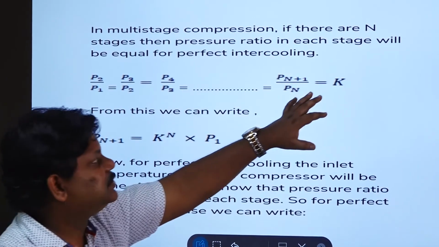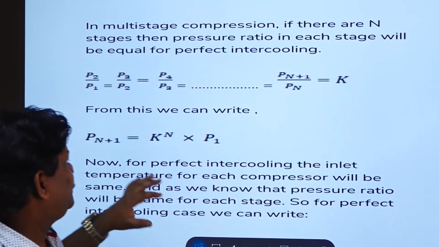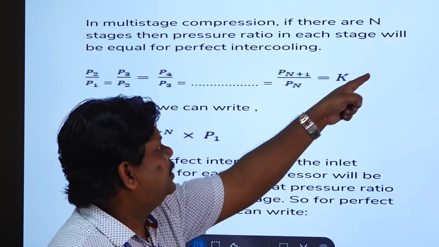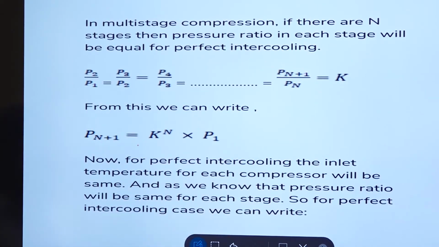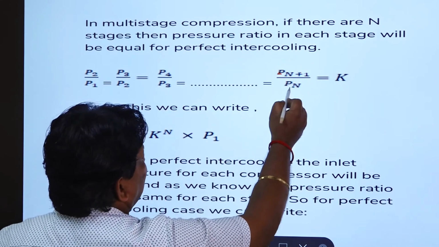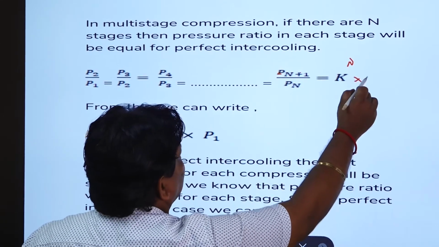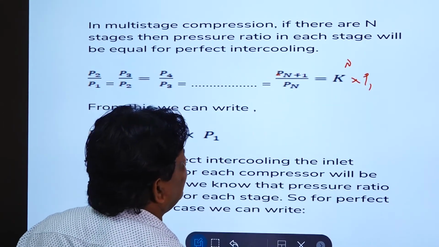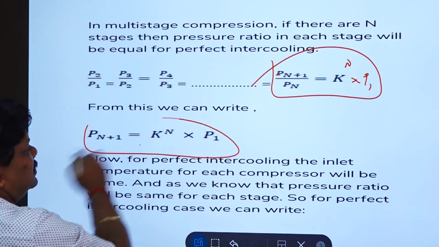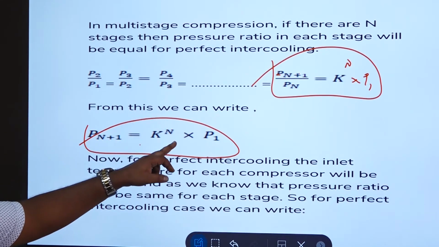When you study the compressors, you can see here Pn plus 1 by Pn will be equal to K. So Pn plus 1 will be equal to K into Pn, that is Rp. So Pn plus 1 will be equal to K power n into P1, if it is the first stage.